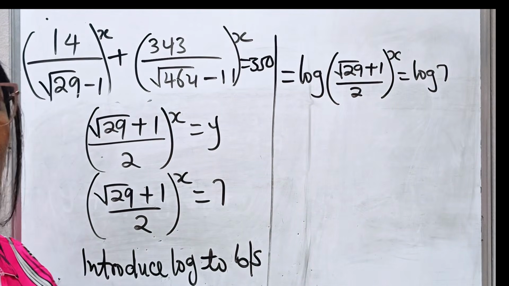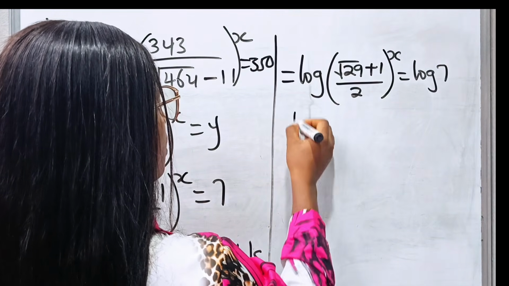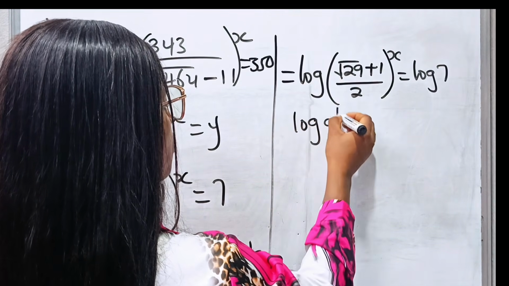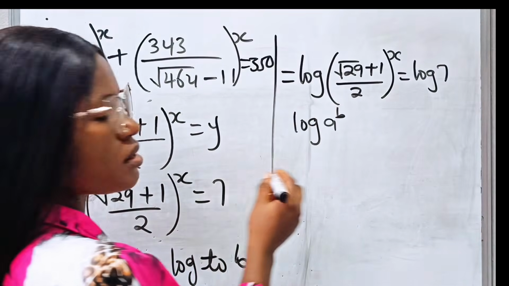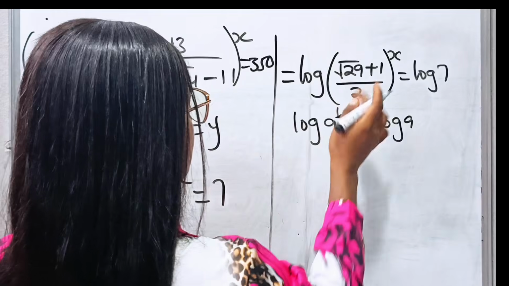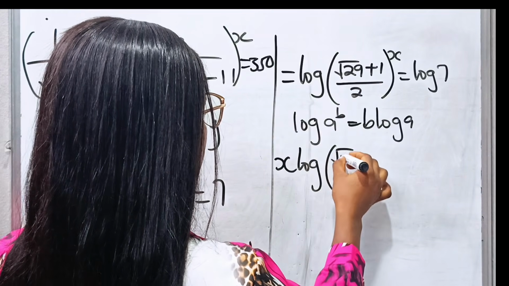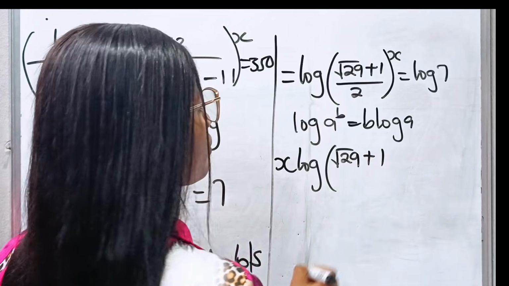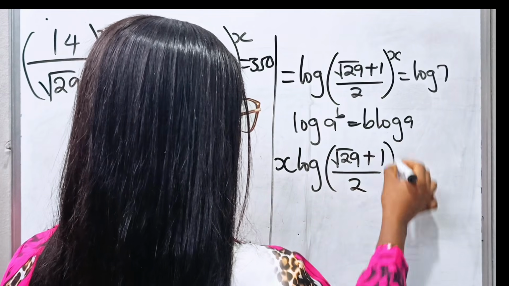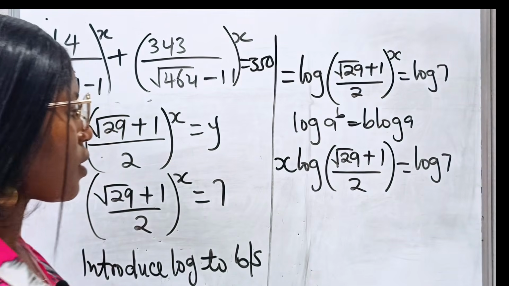Now remember that log a raised to the power of b is equal to b log a. So we can write this as x log of square root of 29 plus 1 divided by 2 is equal to log 7.